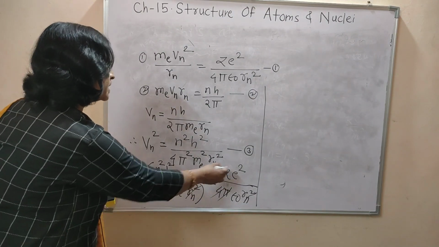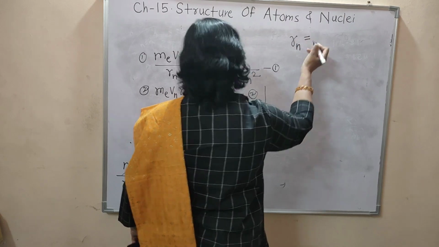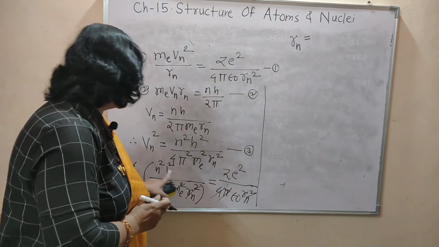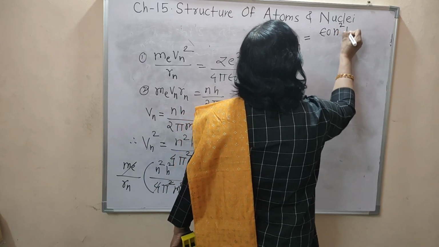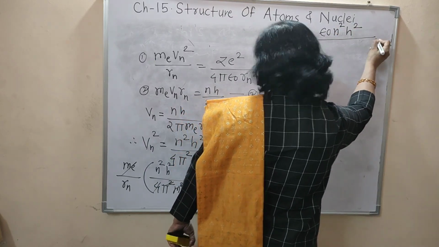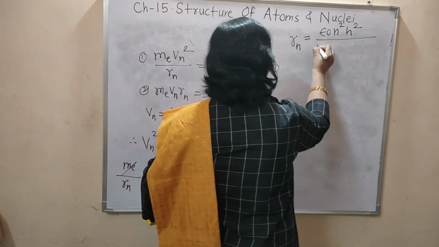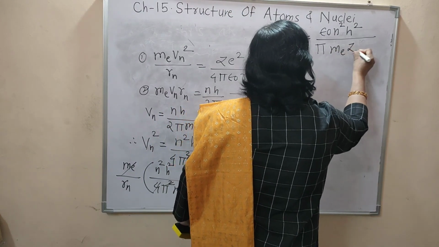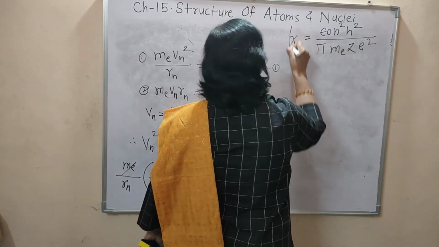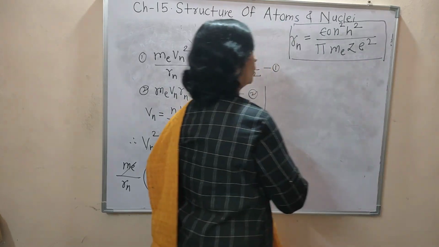If we transfer this term here, Rn is equal to, now epsilon naught transfers here, epsilon naught n square h square divided by pi me Ze square, and this is the derivation for the radius of the Bohr orbit.